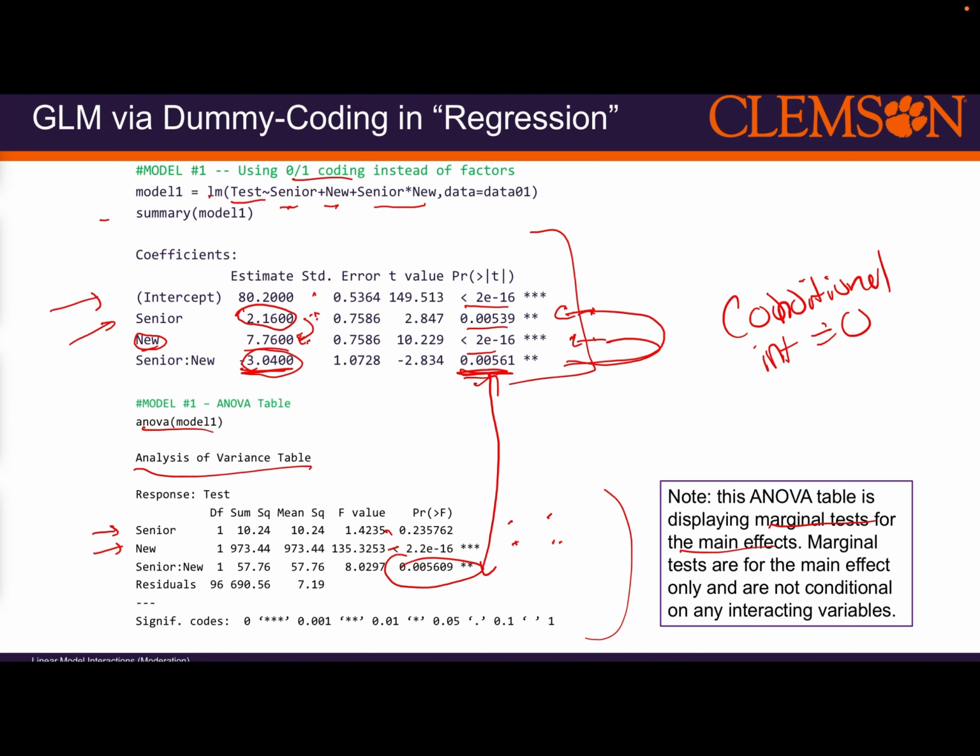So a marginal main effect of senior ignores that conditioning. A lot of times people will say, wait a minute, I don't care about the marginal main effects, because in the presence of the interaction, marginal means nothing. To really describe the impact of senior, I need to know the value of new. That is why marginal main effects sometimes lose their value in the presence of interactions.